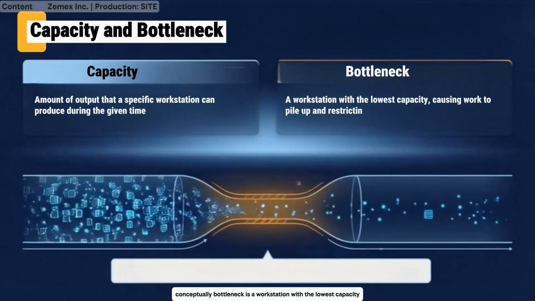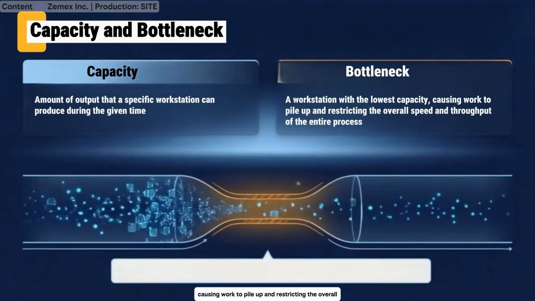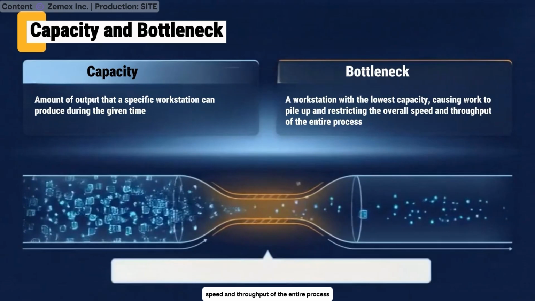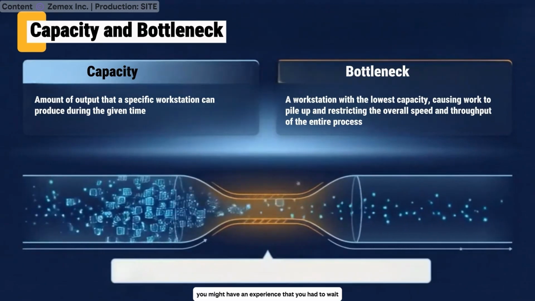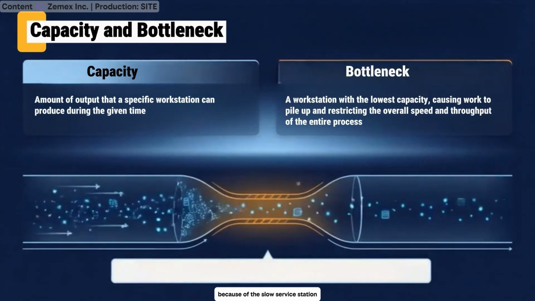Conceptually, a bottleneck is a workstation with the lowest capacity, causing work to pile up and restricting the overall speed and throughput of the entire process. You might have had an experience where you had to wait because of a slow service station.